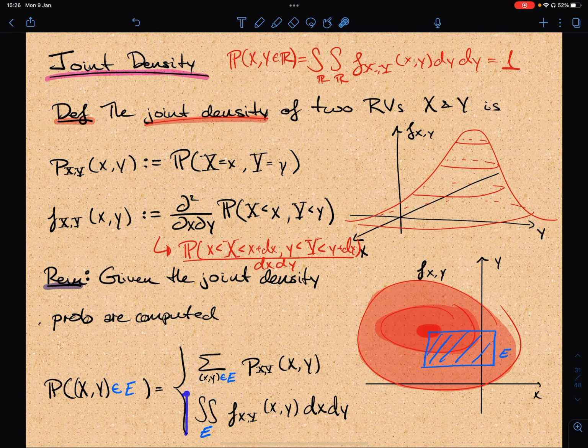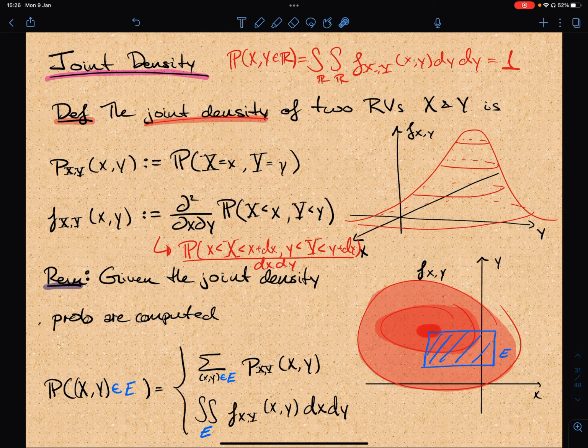Most of the time I think about the continuous case, and to compute the probability that x and y are in the event E, you integrate the probability density function over the region E of the possible outcomes that are in E.